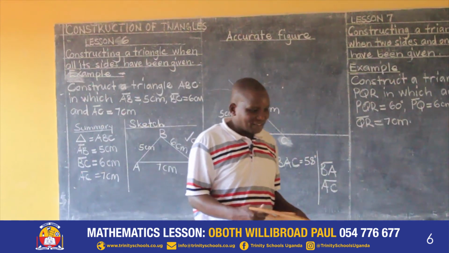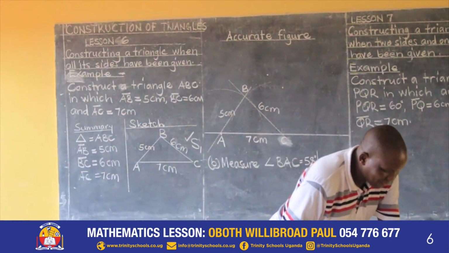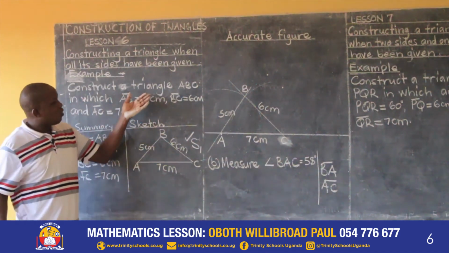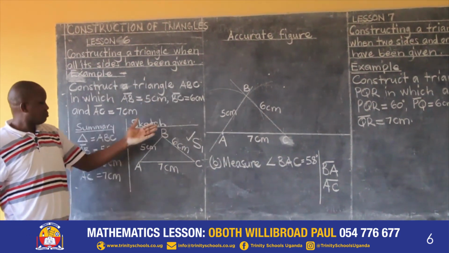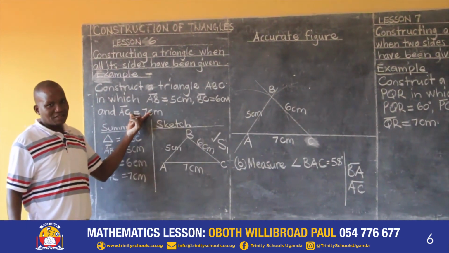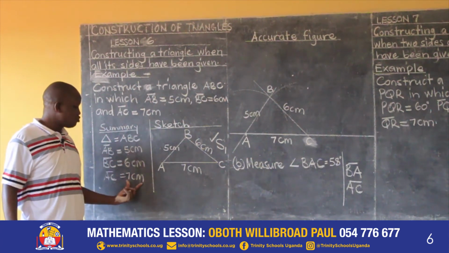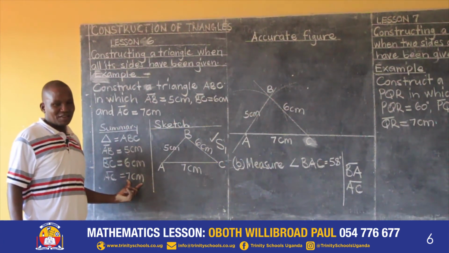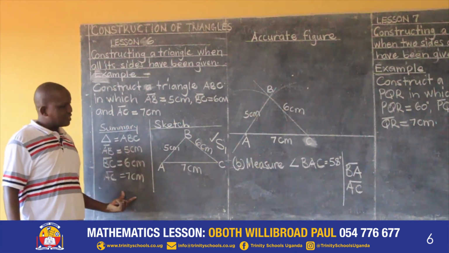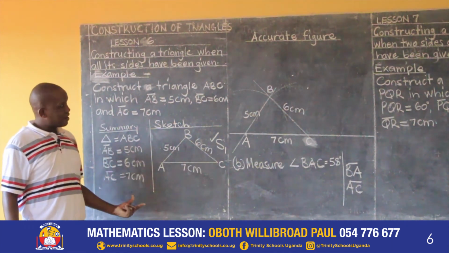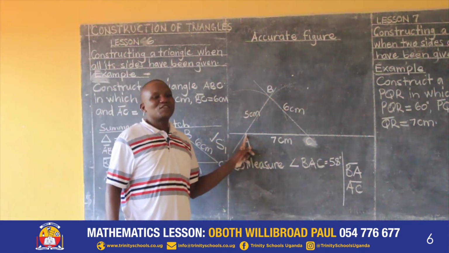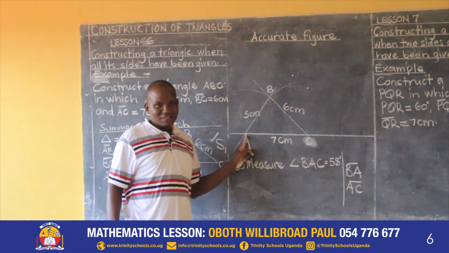I will repeat, just for emphasis, that when we are constructing a triangle, or when all sides are given, please make a small summary of the information that has been given. This summary will help you not to go wrong. After making your summary, draw the sketch following this summary. And after drawing your sketch, please take the rightful measurements.